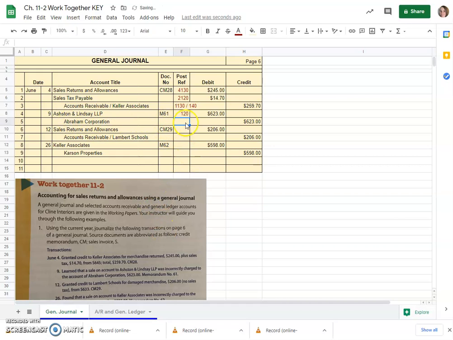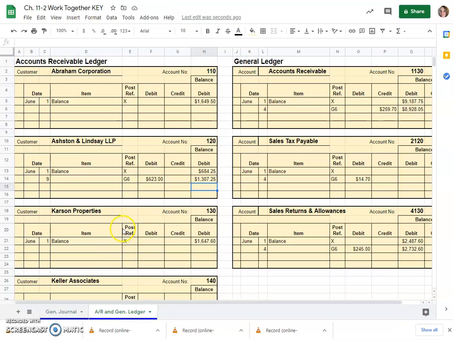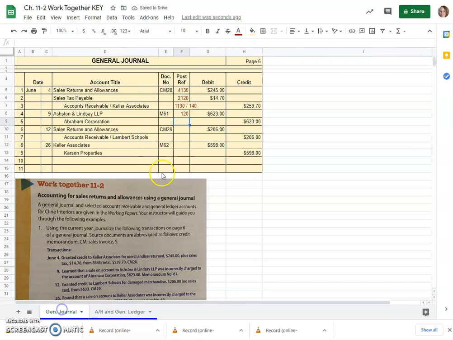And then Abraham Corporation credited $623. So the previous debit balance, subtract the credit entry, G6, and this was still on the 9th, right? For Abraham Corporation, and account number 110.